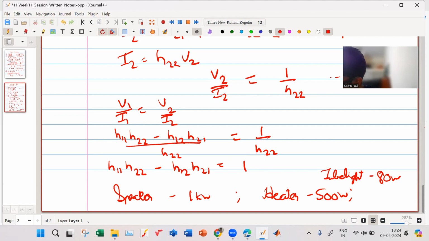So load with respect to power consumption: the speaker is taking more power, so the load is more compared to the heater and tube light. When the tube light is acting alone, we'll have minimal load compared to the speaker and heater. That's a good thing to say.